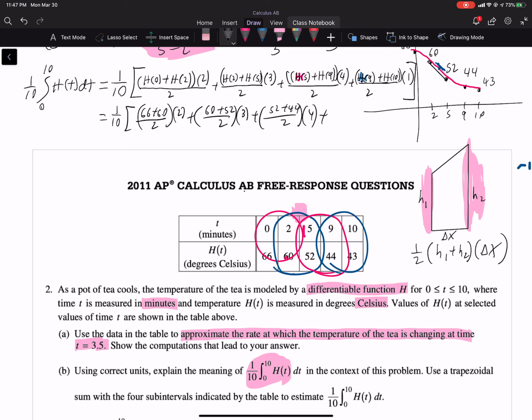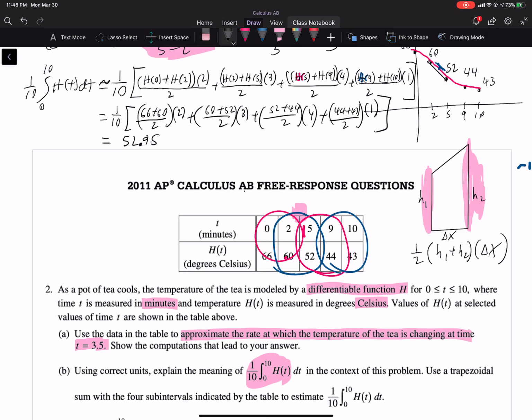And the last one's 44 and 43. And the width of that is just 1. At this point, I'm done. That is the answer. I don't have to simplify it. But if you do, it's 52.95. And that will be the approximation.